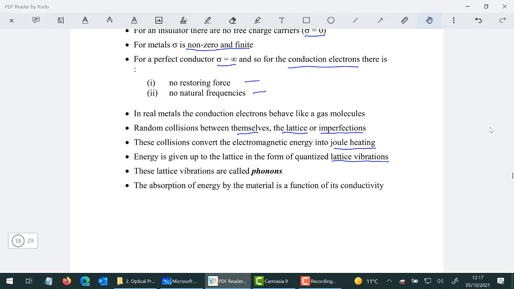For metals we tend to have a lattice structure, a crystalline or polycrystalline structure, and the energy which is being input has to match up with one of these modes of oscillation.